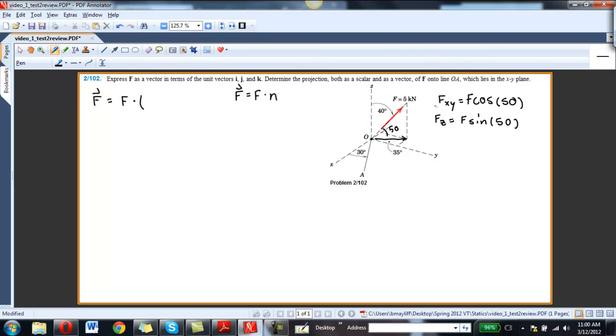And then we split the Fxy into x and y components again. So that's just going to be from this line here. So the x component is going to be, I'll write it in red here, and the y, being blue, is going to be like this. So, keeping up with the whole red theme, Fx is equal to F cosine 50 times sine 35.